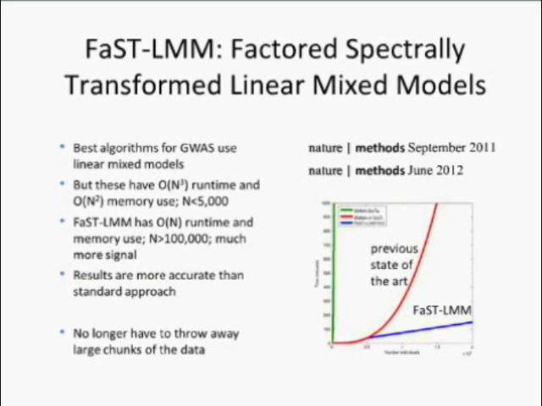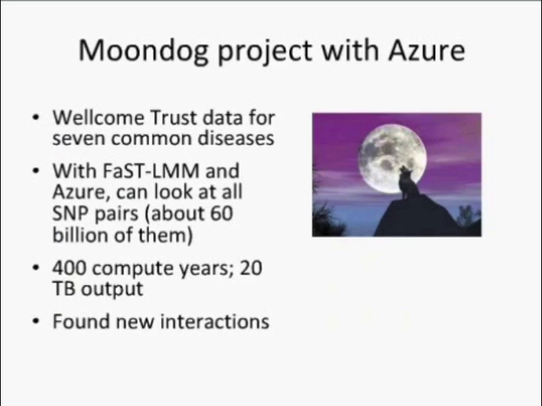Because we were able to speed up the analysis so much, we're now tackling problems that are very difficult. Here's an example. There's some data from the Wellcome Trust for 7 common diseases, including coronary artery disease, hypertension, type 1 diabetes, type 2 diabetes, and so on. There are about 15,000 individuals in that data set.